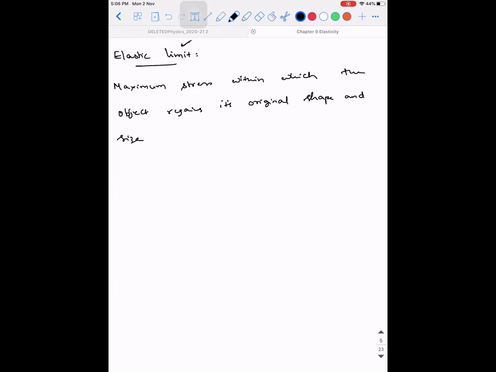So maximum stress within which the object regains its original shape and size after removing the deforming stress, or you can call it deforming force, is called elastic limit. Am I clear, guys?